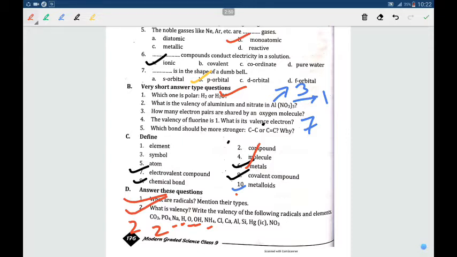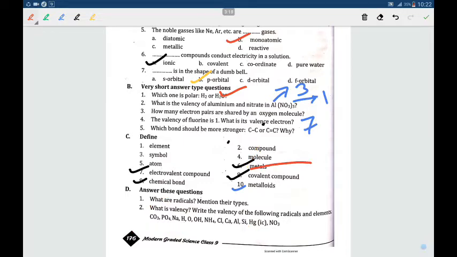NH4, 1. Cl, chloride 1. Calcium, Ca 2. Aluminium, Al 3. Hg, mercuric 2. And NO3, nitrate, it is 1.